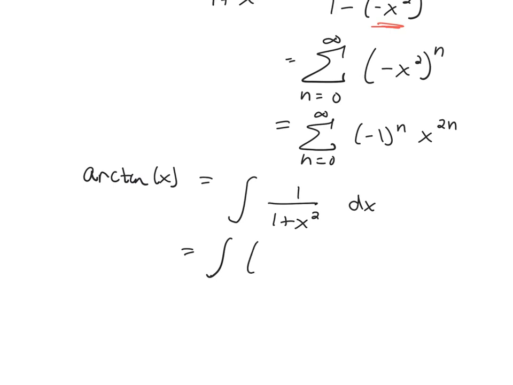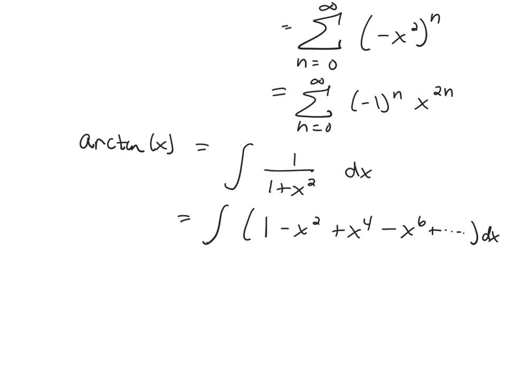If I plug in 0, it's positive 1 minus x squared plus x to the 4th minus x to the 6th. Then you just integrate term by term. I'm getting c plus x minus x cubed over 3 plus x to the 5th over 5 minus x to the 7th over 7.